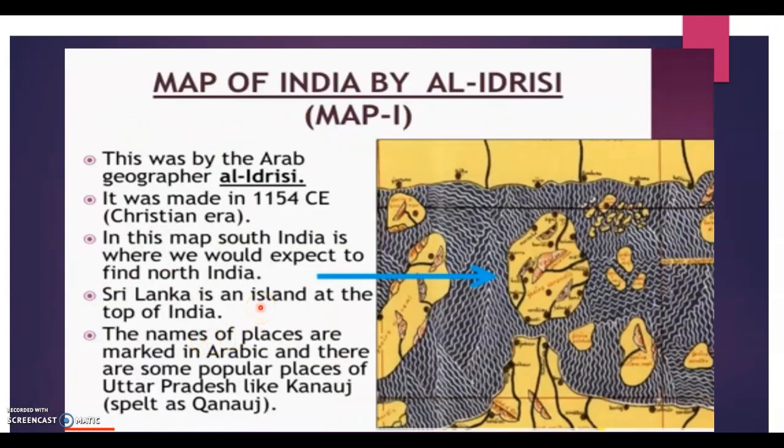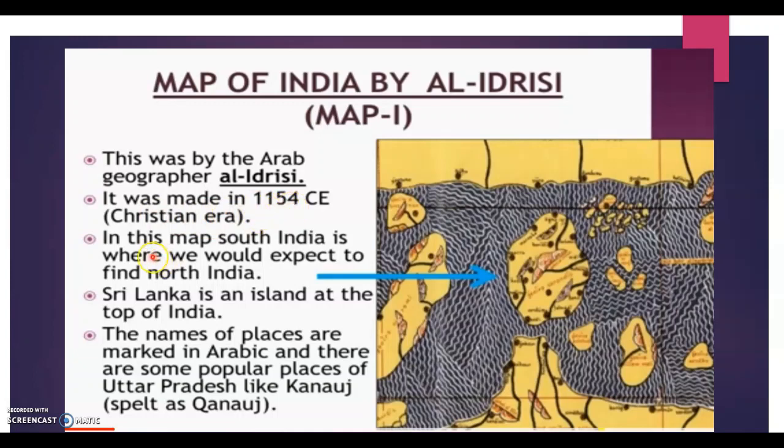Children, in our textbook, we have two maps, Map 1 and Map 2. The map of India by Al-Idrisi is Map 1. This was made by the Arab geographer Al-Idrisi. It was made in 1154 CE or Christian era.